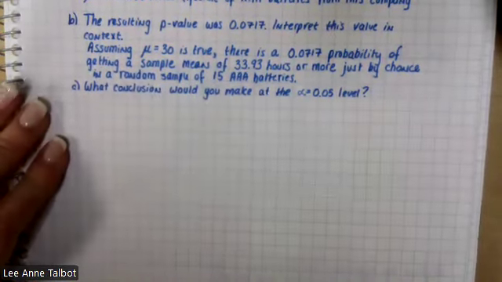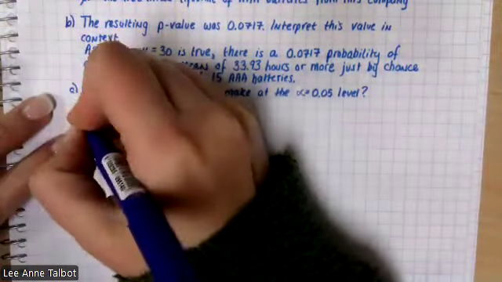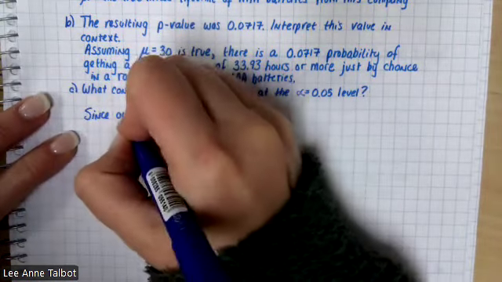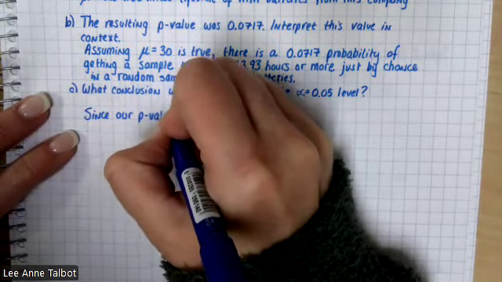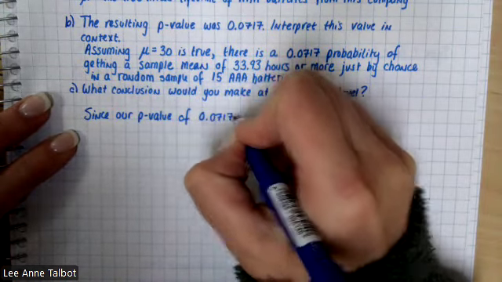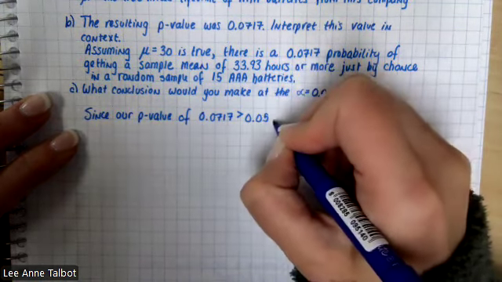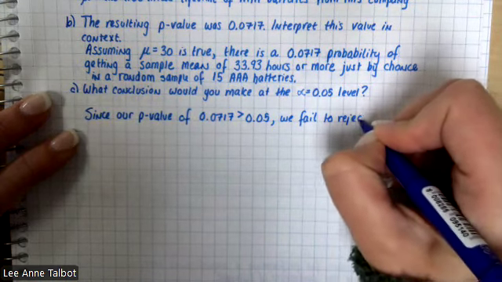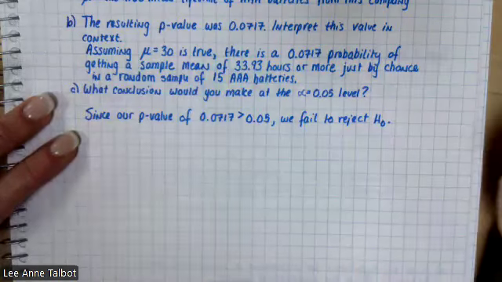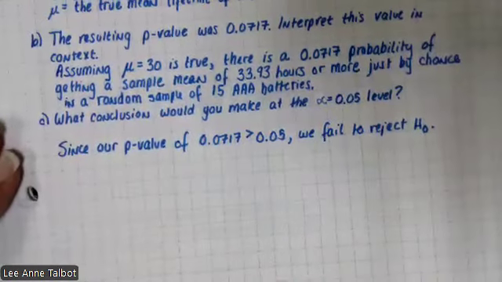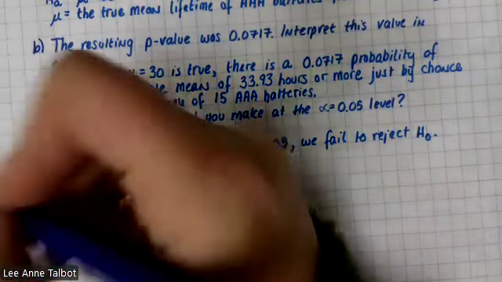This is how we're going to write it. This is going to be our conclude statement for the FRQ. Since our p-value of 0.0717 is greater than 0.05, we fail to reject the H0. We failed, everyone.